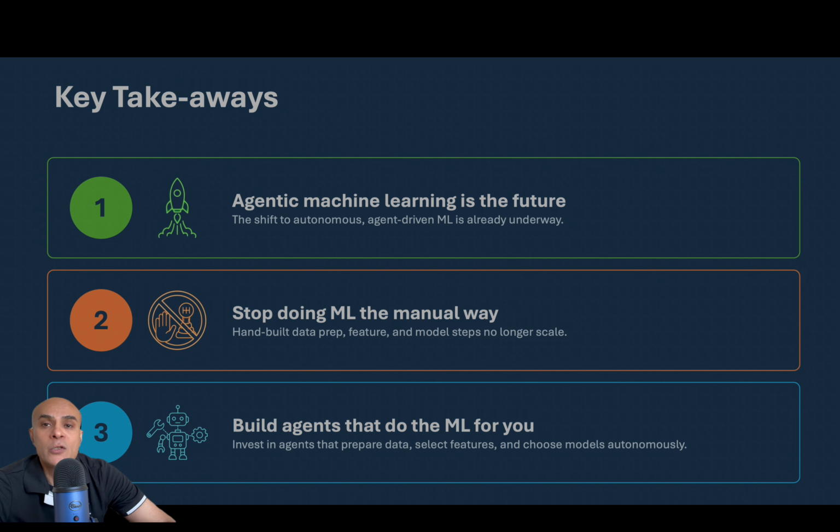The activity of a future machine learning engineer is not going to be programming all the steps of machine learning, but thinking of the architecture of the agent, thinking of the prompts and how the different agents are connected, and trying to see how to have agents for multi-class and single class. So you have to use all your experience and all your knowledge in developing agents which are going to do machine learning.